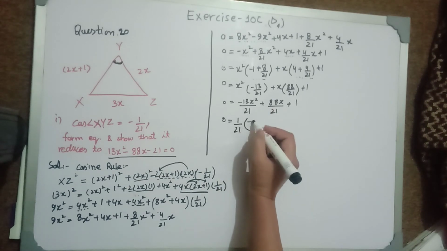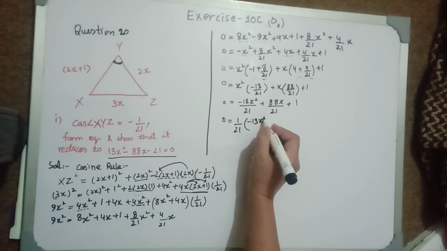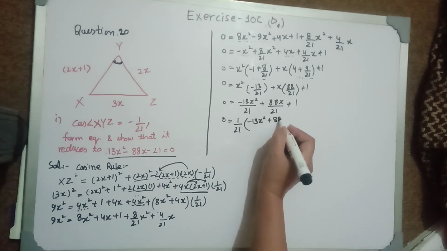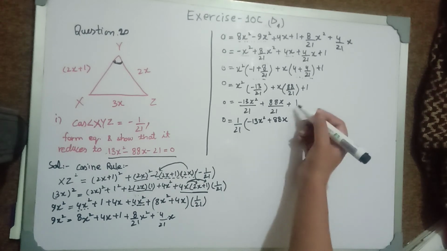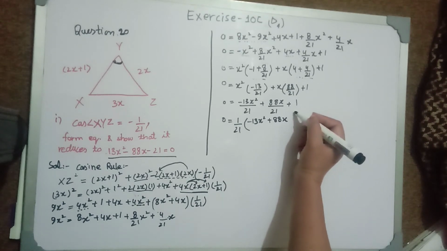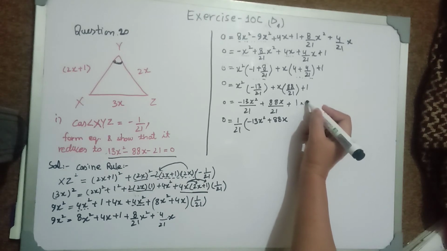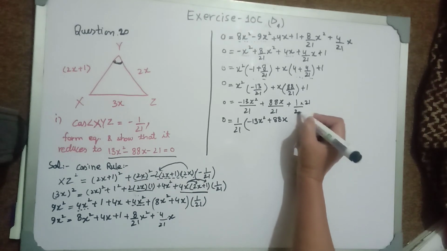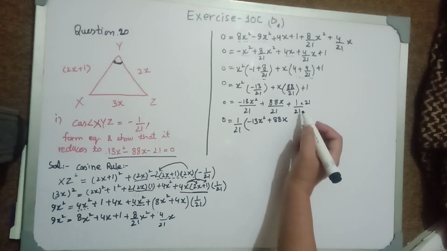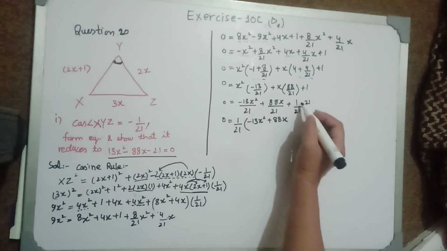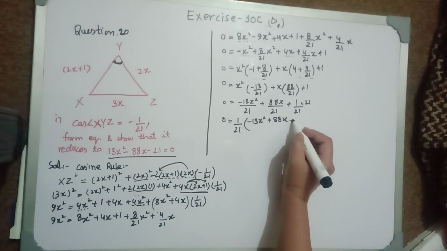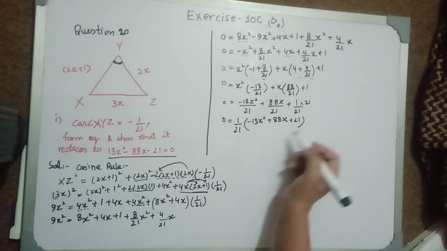And we will have inside minus 13x square plus 88x, and as 21 is not present in the denominator of 1, I'm going to multiply and divide it by 21. Now if I take 21 common from the denominator, the rest I will have from here is only 21, right?